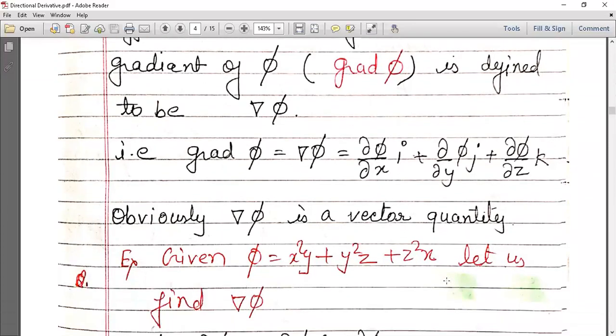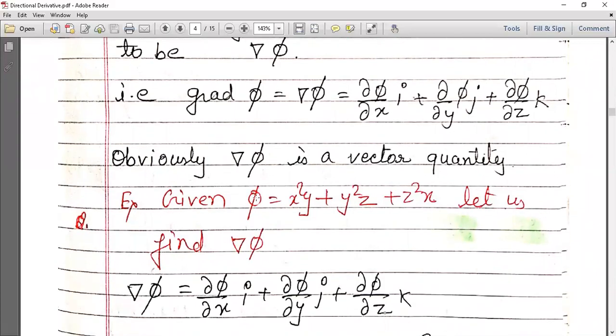Here also, to explain, I have taken one example. We have phi = x²y + y²z + z²x. This function is defined in x, y, z space, meaning at every point in all directions we have some value for x, y, and z.